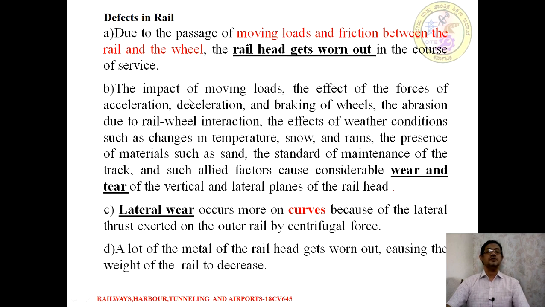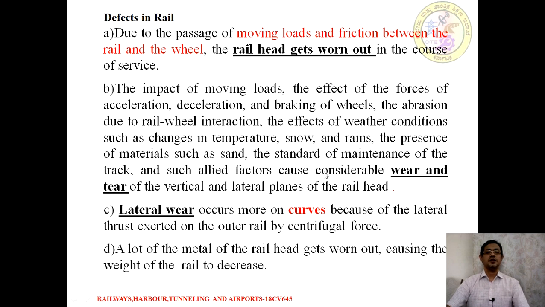Next is the impact of moving wheel load, the effect of forces of acceleration or deceleration, that is starting or stopping of the engine and braking of a wheel, then the abrasion due to rail wheel interaction, the effect of weather conditions such as change in temperature, snow or rain, and the presence of foreign material such as sand.